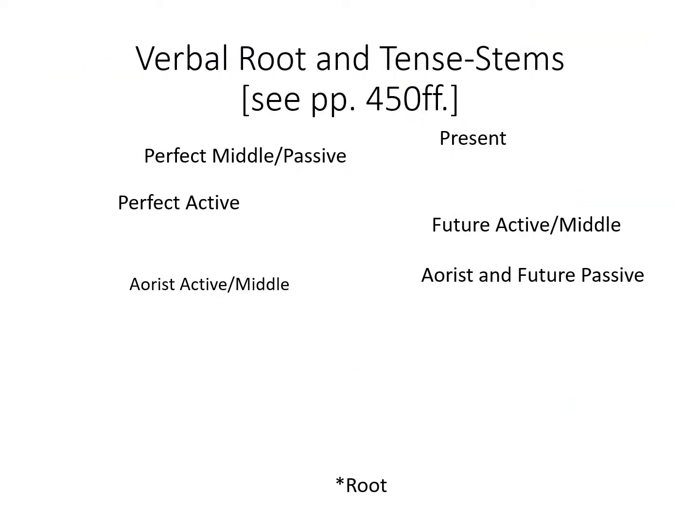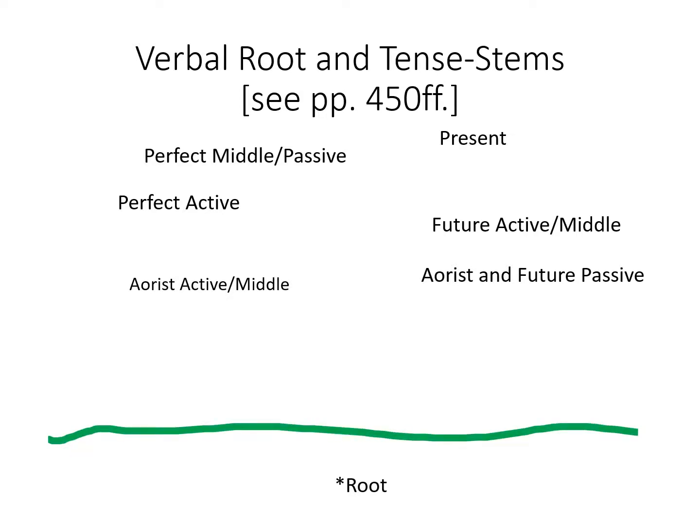When we think about our patterns again, we have a root down below, always with an asterisk. Maybe the word has more than one root, and we've seen this if you look at page 454 for a moment, and you look at erchomai.